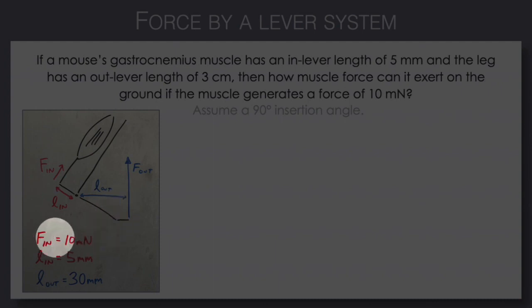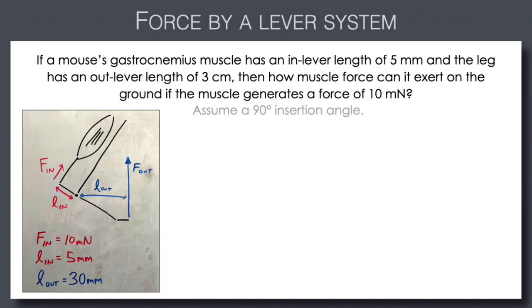The in force, 10 millinewtons, correct. The in lever length of 5 millimeters, and then the out lever length. I wrote it wrong, oh no, I did it right. 30 millimeters is indeed 3 centimeters. I did that so that I'd have the same units.